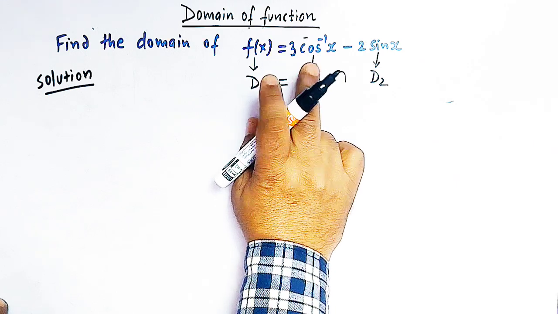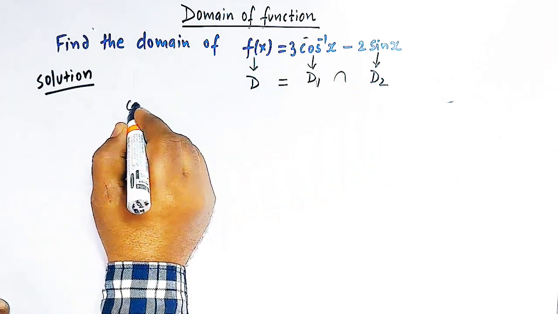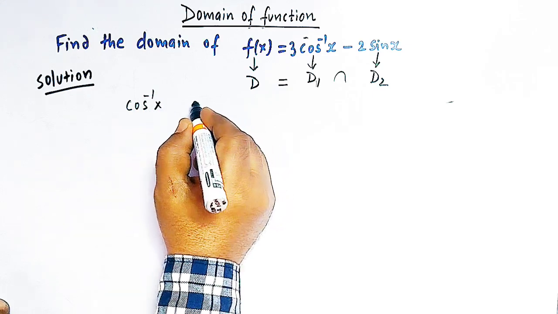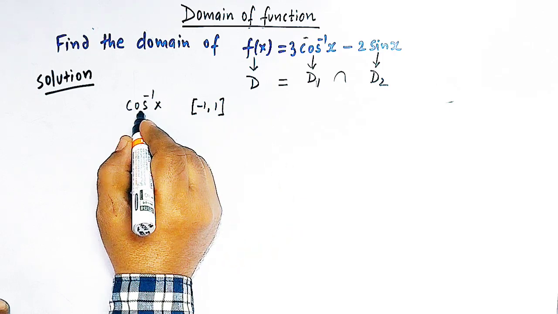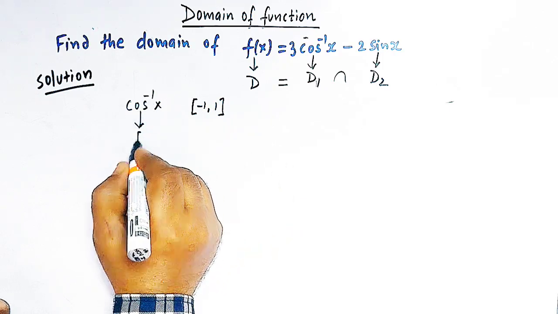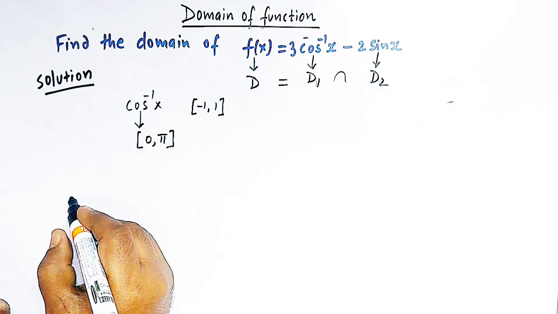So now from inverse trigonometric functions, we know that the domain of the function cos inverse x is given by the interval -1 to 1, because the principal value branch of cos inverse x is given by this interval, that is 0 to pi, right?